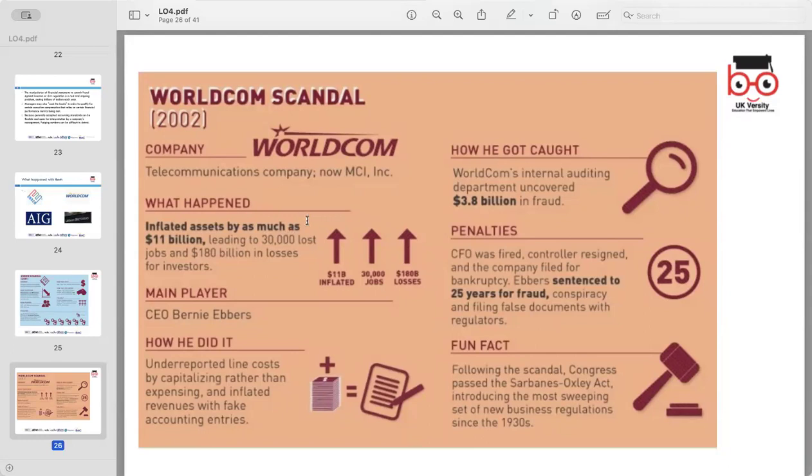CEO Bernard Ebbers was found guilty of underreporting line costs and inflating revenues through fake accounting entries. Okay, see that, fake accounting entries.